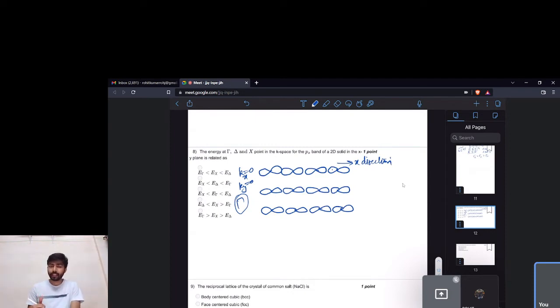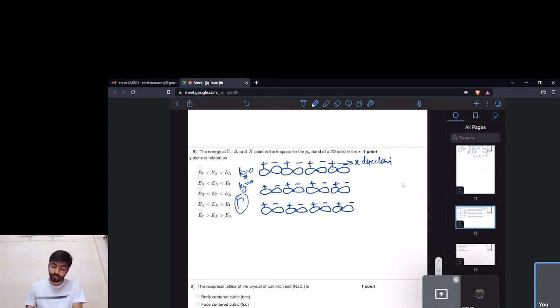Bonding means there is no flipping, as the wave function will not flip if we go from one atom to the other. So it is plus minus, it will maintain its plus minus in the same direction as x, plus minus, plus minus. Again here also plus minus, plus minus, and so on.